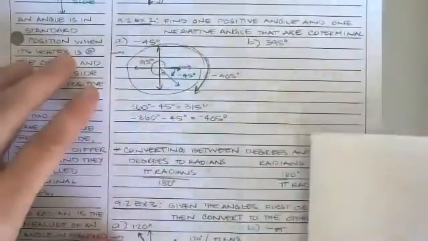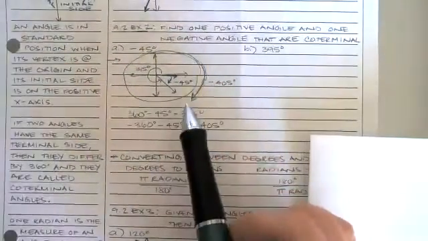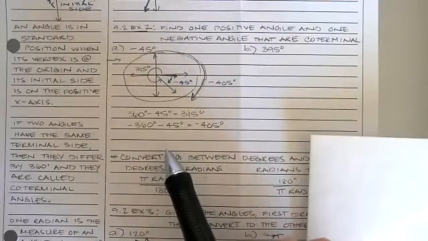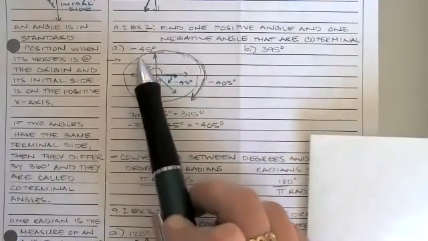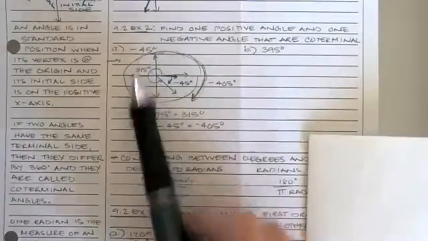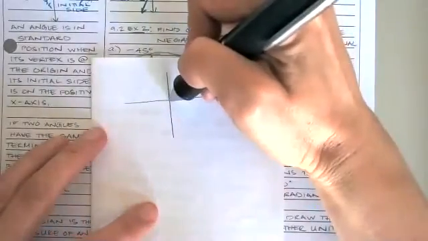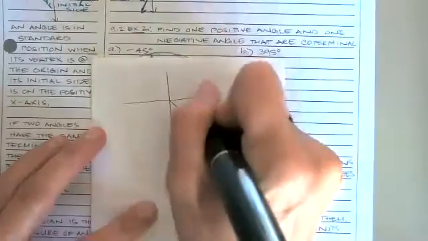So this is 9.2 example 2. They want us to find one positive angle and one negative angle that are coterminal. The first thing they've given us is negative 45 degrees. My drawing is kind of crazy, so I'm going to draw it again for you so you can see it in real time. Negative 45 degrees is just this halfway, right?